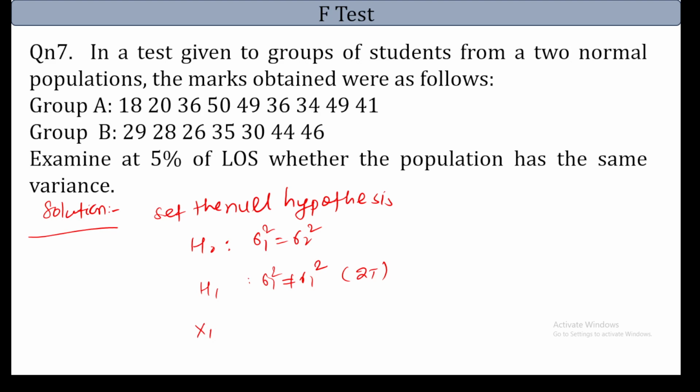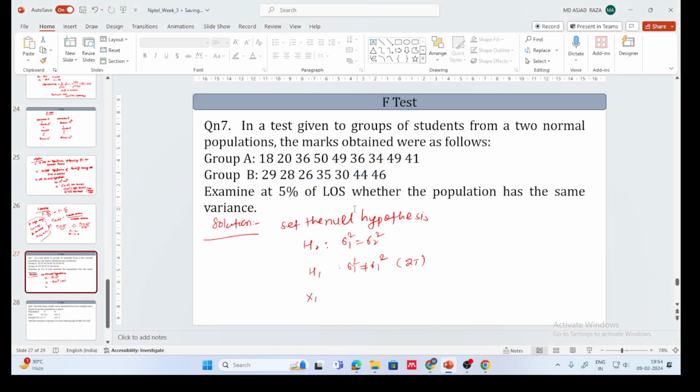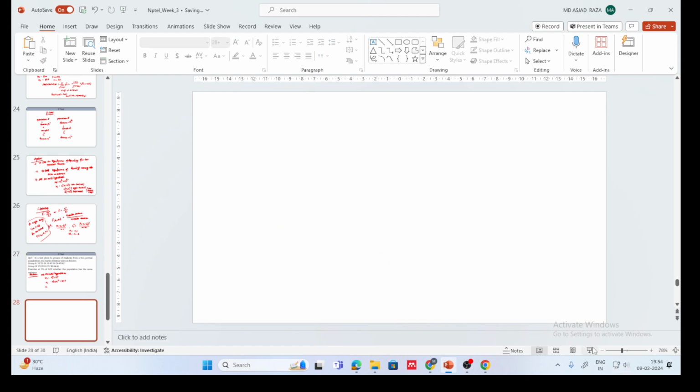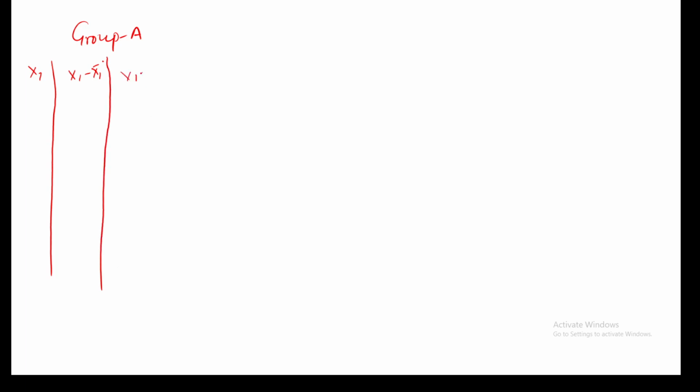We will make the table. Let's say we have group A, with x1, x1 minus x bar, and x1 minus x bar whole square.